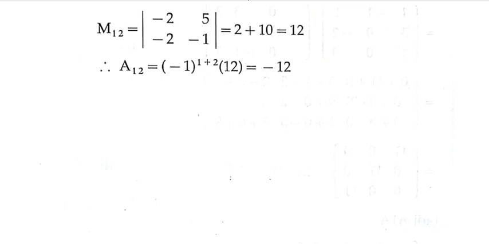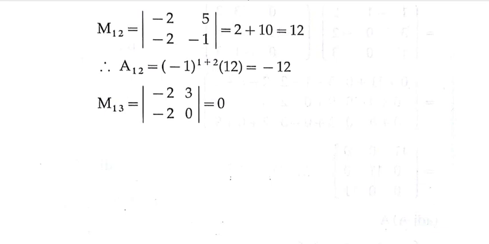In a similar way we are going to find the next one, M13. After deleting first row and third column, we get the determinant minus 2, 3, minus 2, 0. After cross multiplying, we get minus 2 into 0 is 0, and minus 2 into 3 is minus 6.